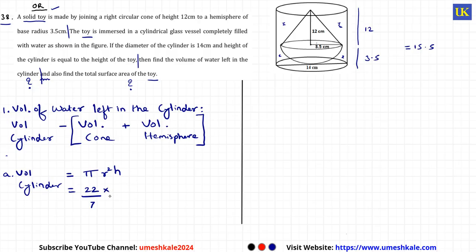The diameter is 14, so the radius will become 7. Square means 2 times we have to write. And the height is how much? 15.5, the total height. Now this 7 and this 1 times 7 will cancel, and just multiply the remaining things. So 2387 is the answer, centimeter cube.